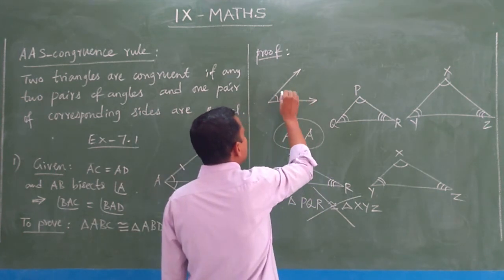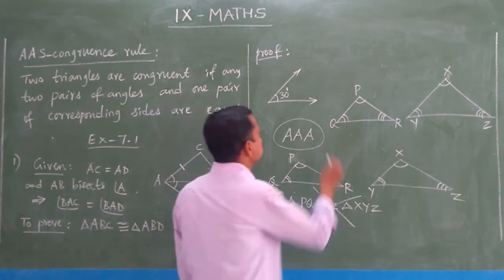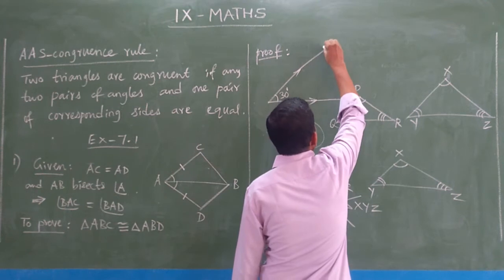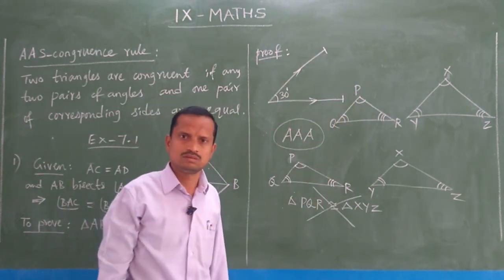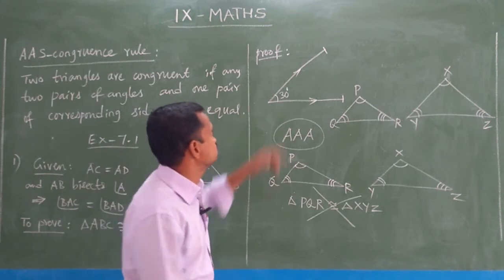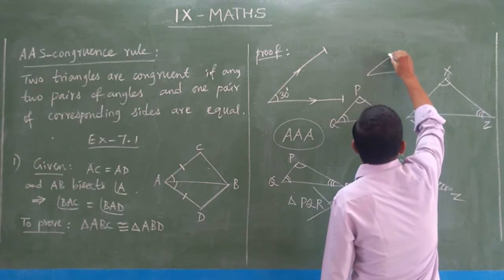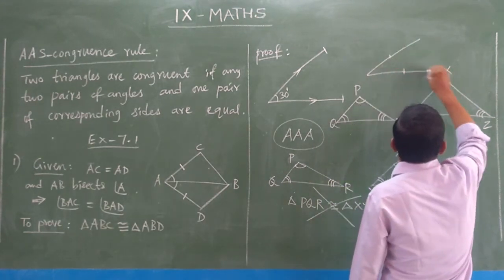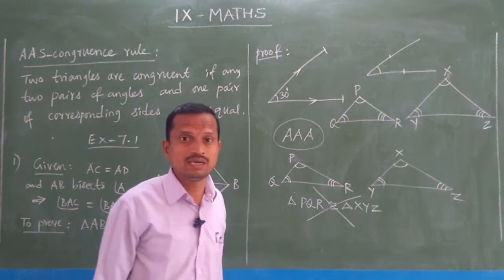This is an angle of 30 degrees, for example. If I extend this ray up to here, and this also up to here, is the angle changed? Can you tell me? There is no change in the angle.